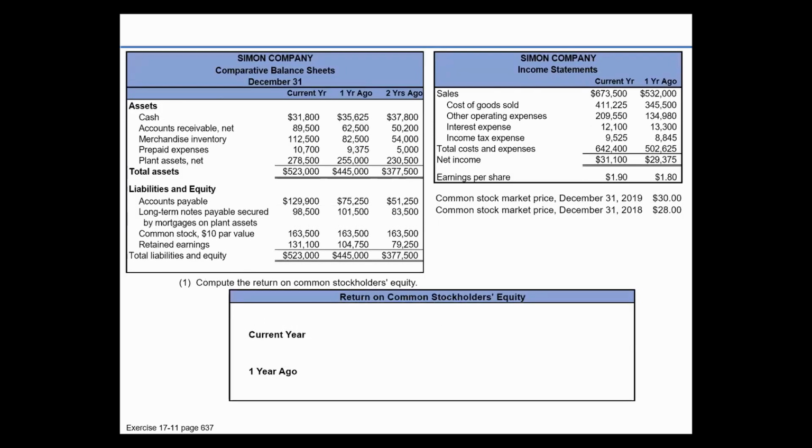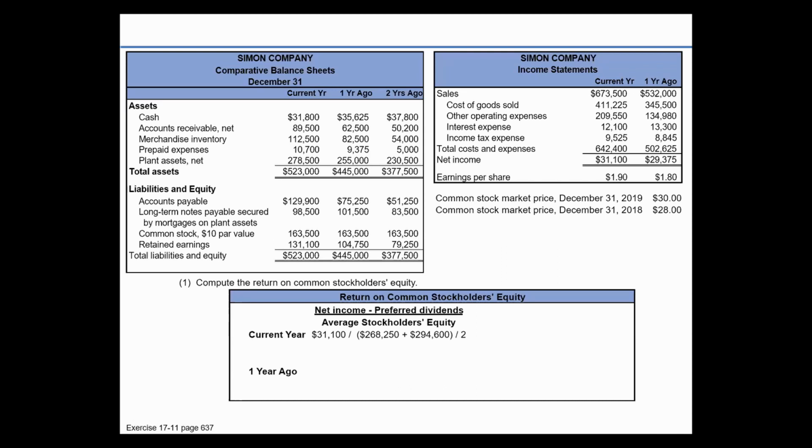The first one we will do is the return on common stockholders' equity. That is the net income minus the preferred dividends, divided by the average stockholders' equity. On this one, they don't have any preferred dividends.